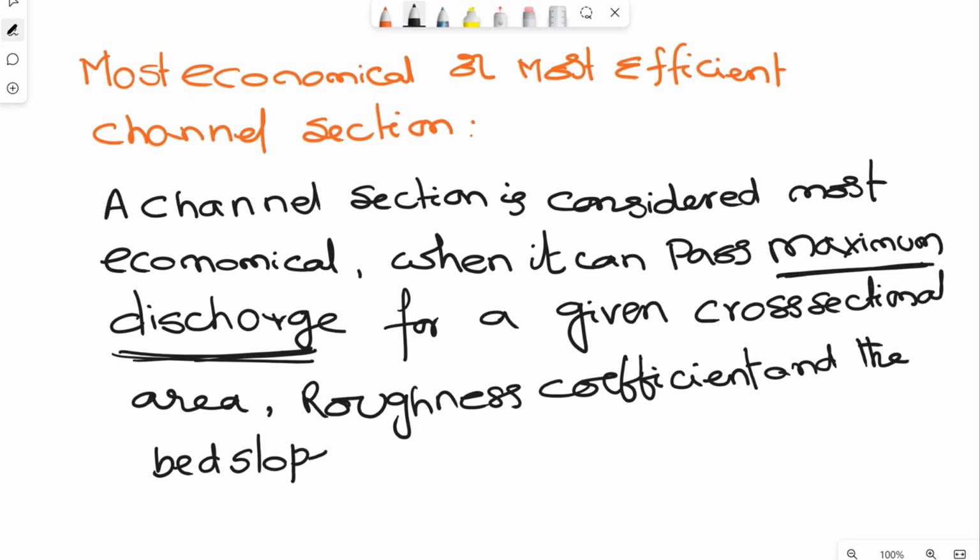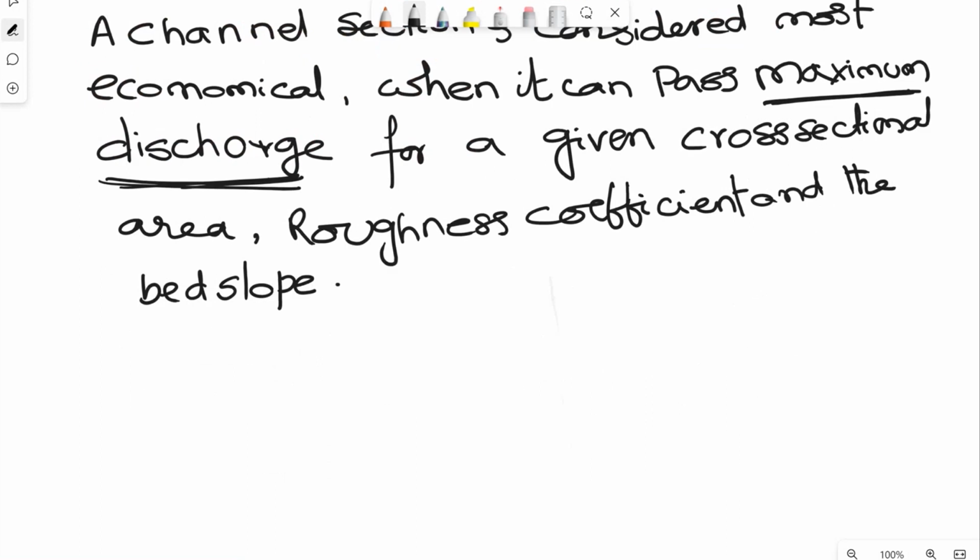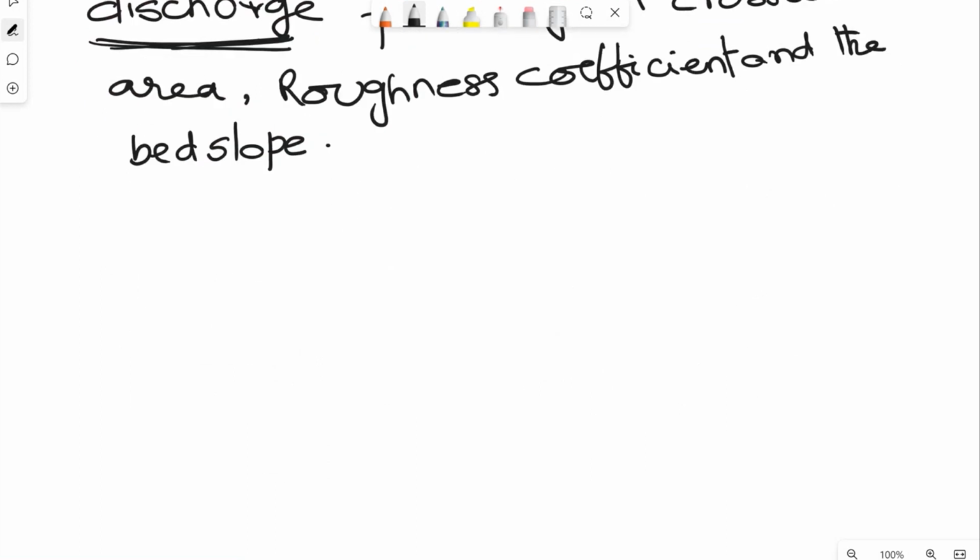These three are constants: area, roughness coefficient, and bed slope. Under these circumstances, a channel which can pass the maximum discharge is called the most economical section.